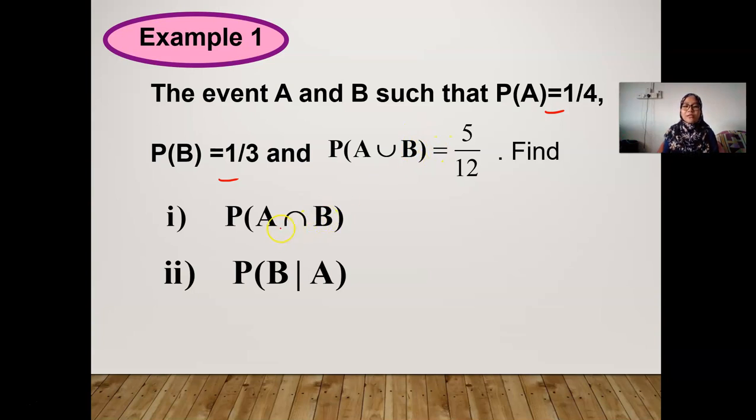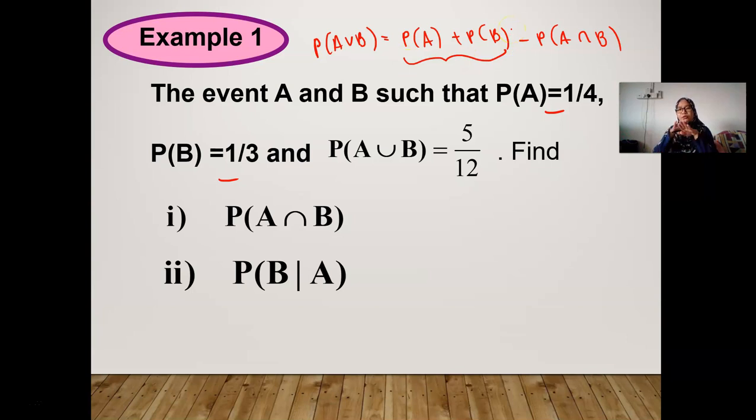First we need to find the intersection between A and B. Since we know from the first part of the video the formula, P(A union B) is equal to P(A) plus P(B), and we minus the intersection part one time, because we calculate the intersection part twice.